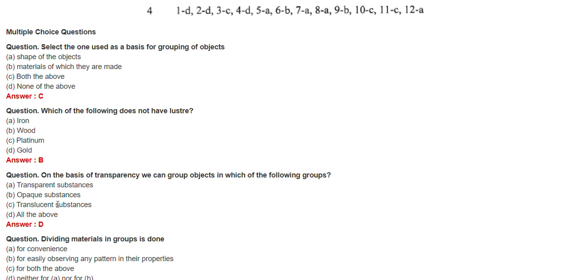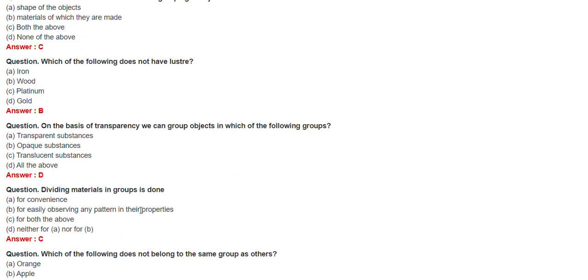Transparent substances, opaque substances, and all the above. Answer is D. Question. Dividing materials in groups is done for option A and B. For both the above. Means C. Option C.